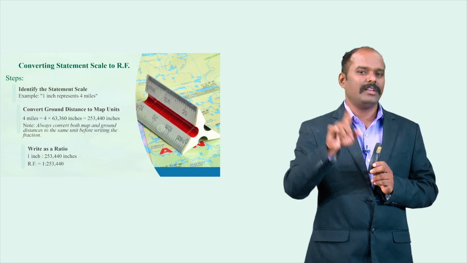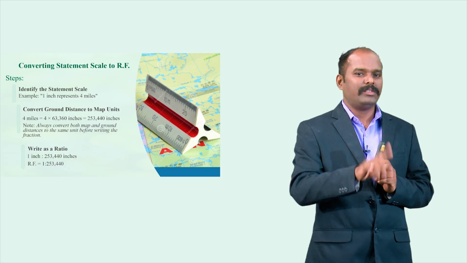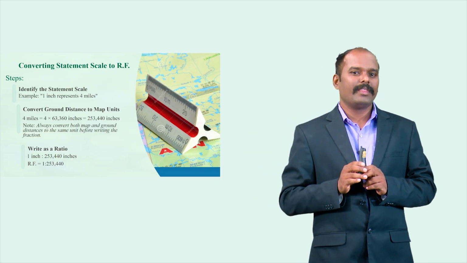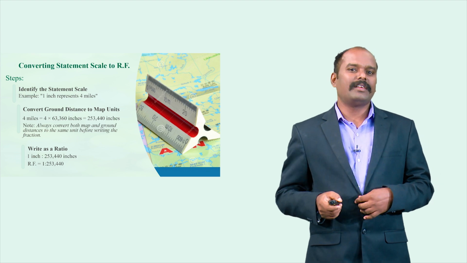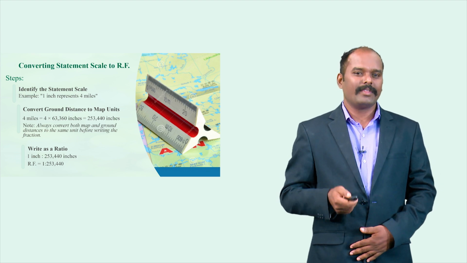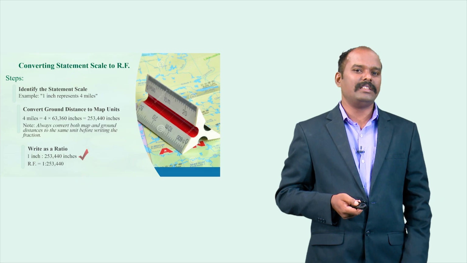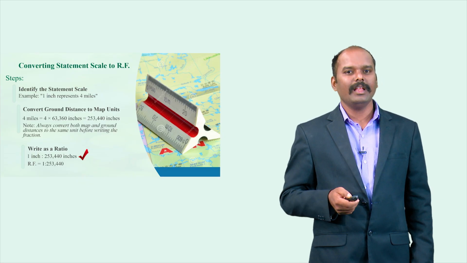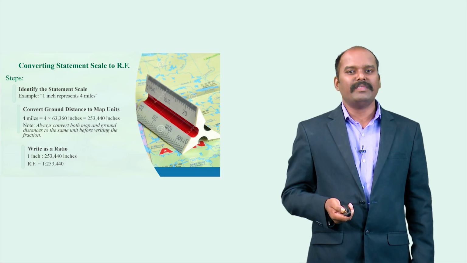Here also inch, here also inch, here centimeter, then here also it should be the centimeter value. So after conversion, the representative fraction will be 1 is to 2,53,440. Similarly, you can convert.